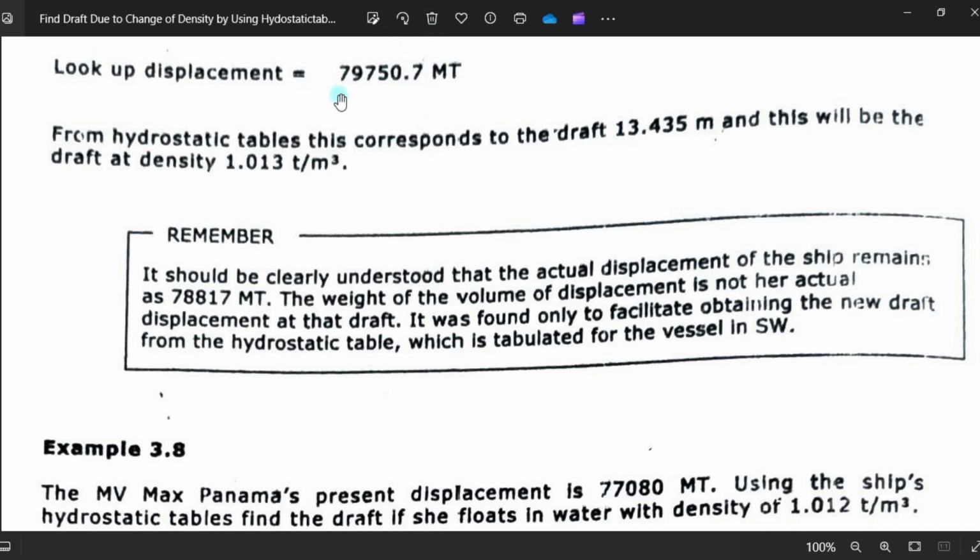If you look at the hydrostatic table for this value, you will get 13.435.